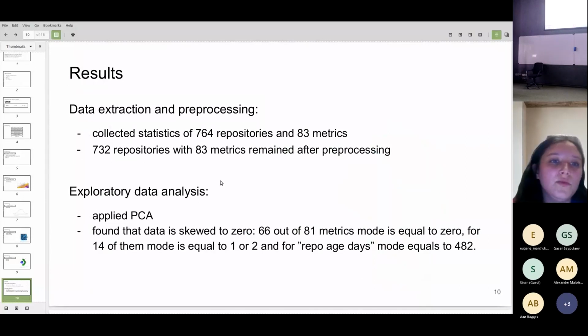Now we move to results section. We have collected data about 764 repositories and 83 metrics. After that we removed duplicates and filled missing values, if the number of missing values occupies less than 30%.